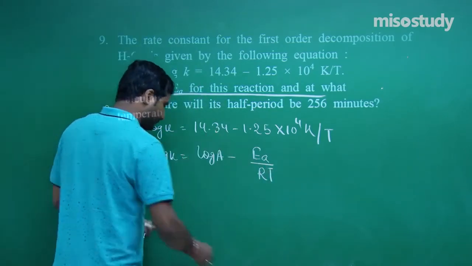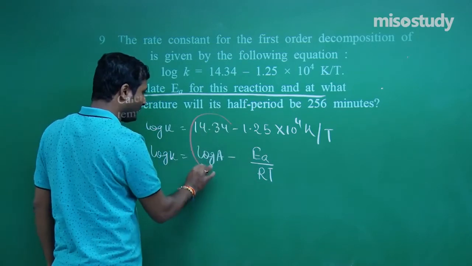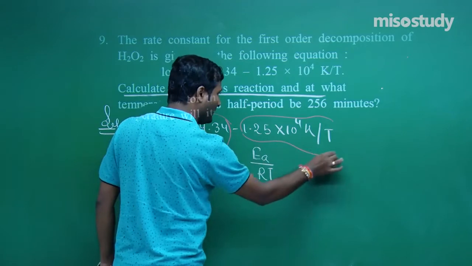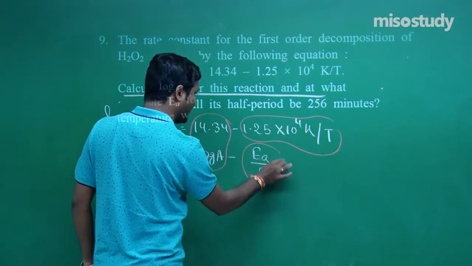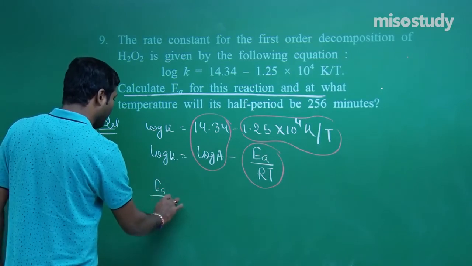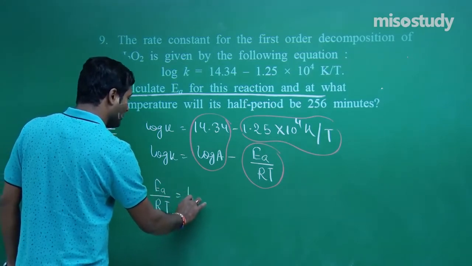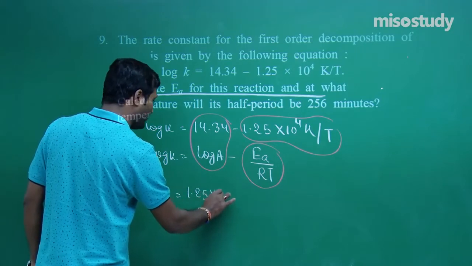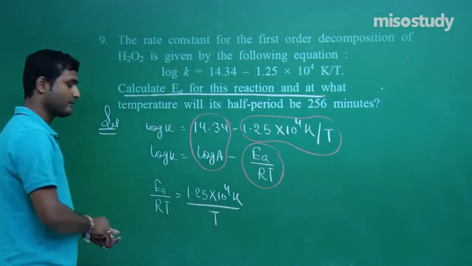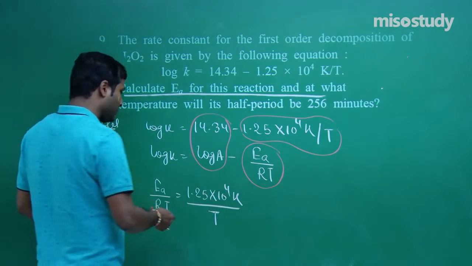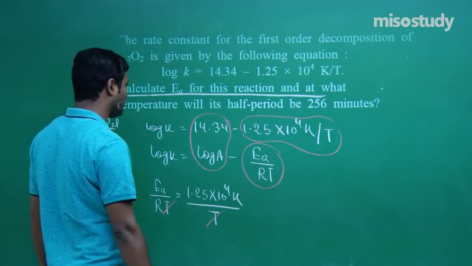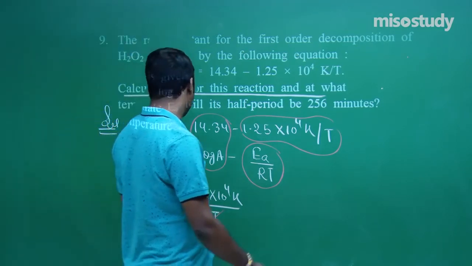This is log A, my friend, and this term is equivalent to EA upon RT. Am I right? Yes, sir. So put here EA upon RT is equal to 1.25 into 10 to the power 4 K upon T. Am I right? Yes, sir. You are absolutely right. Now, this will cancel this one. Clear? Now, what to do next?